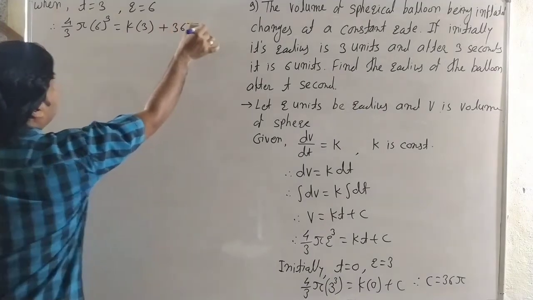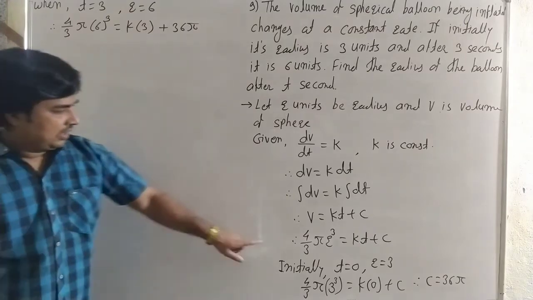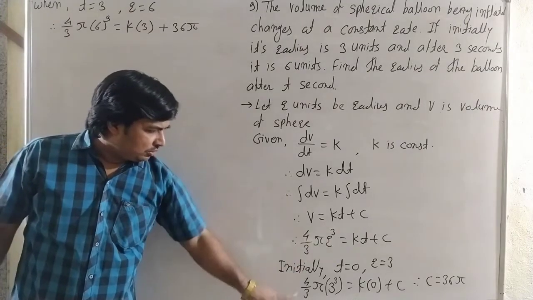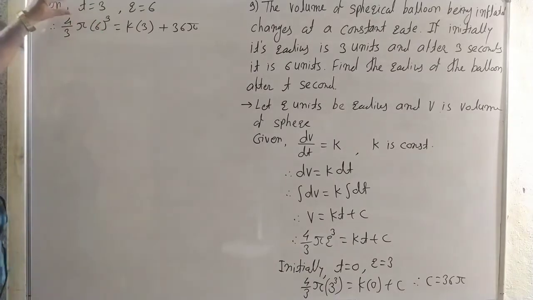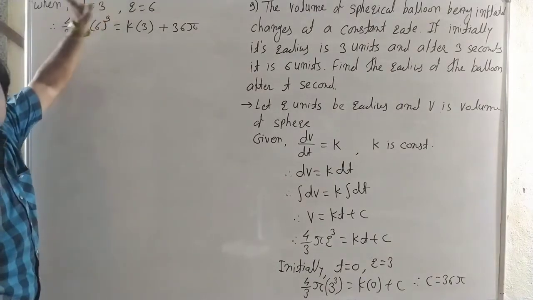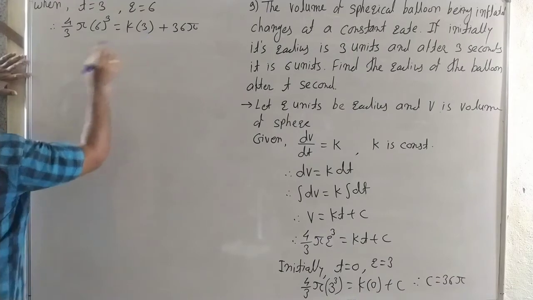See carefully this calculation. When t is equal to 0, r is equal to 3, then we get c is equal to 36 pi. Now when t is equal to 3, r is equal to 6. Then we take the calculation.